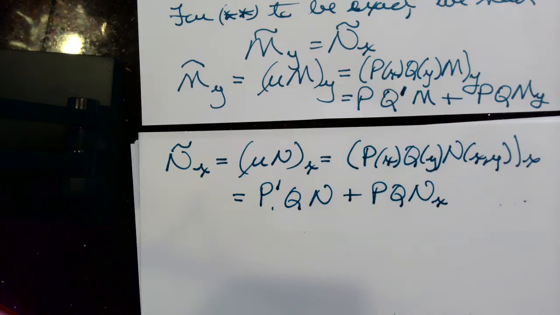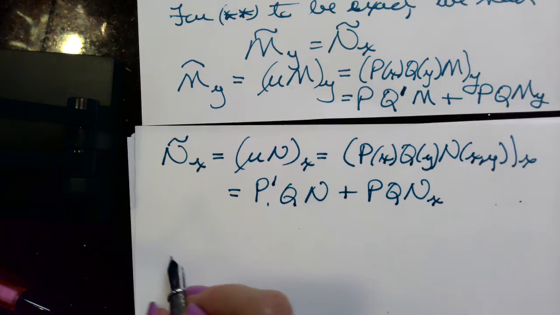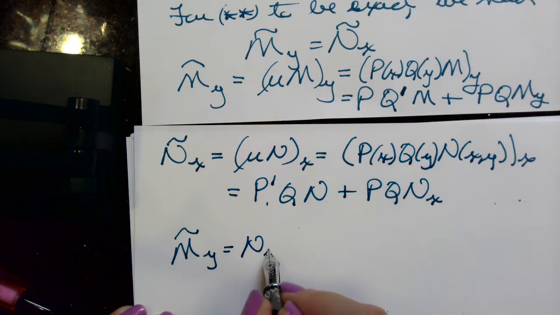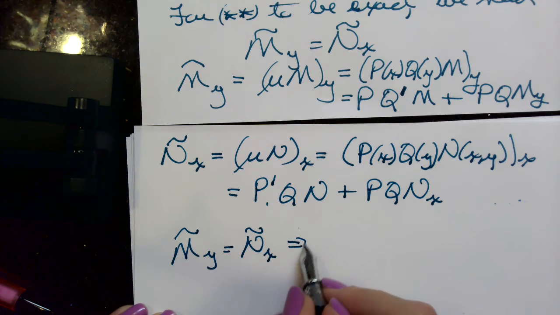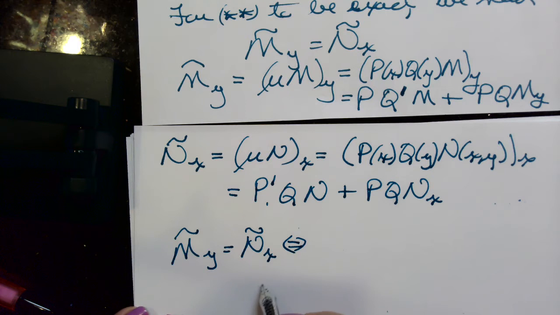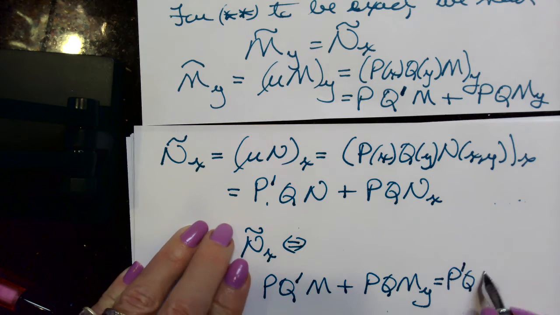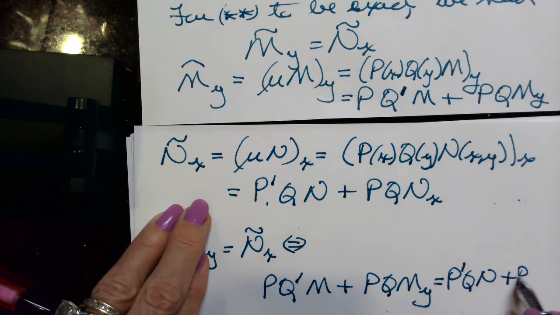Okay. So M tilde sub y equals N tilde sub x if and only if p q prime M plus p q M sub y is equal to p prime q N plus p q N sub x.